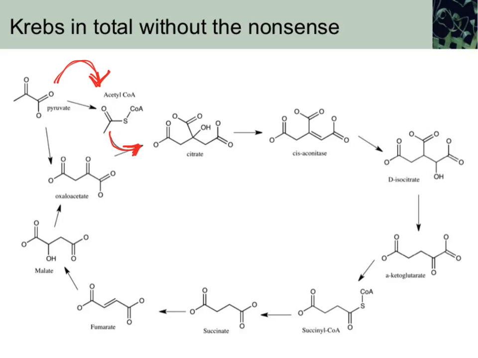We can take pyruvate and react it with bicarbonate, and we can make oxaloacetate. Okay, so that's what that other arrow is showing. Why we would need to do that is a good question, I should look that up.